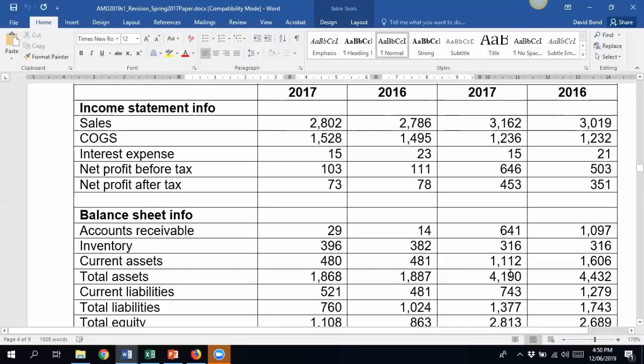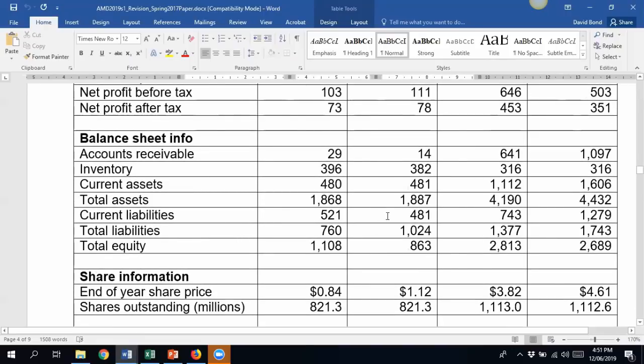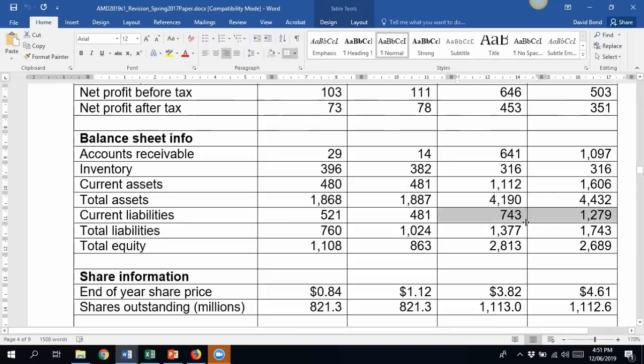Again, we don't have much information as to why, which, as you get later on in the question, you can speak to. You can say there's a lot of stuff we don't know. Current liabilities have gone up slightly here and gone down substantially there. Total liabilities have dropped on both sides. Equity has gone up.